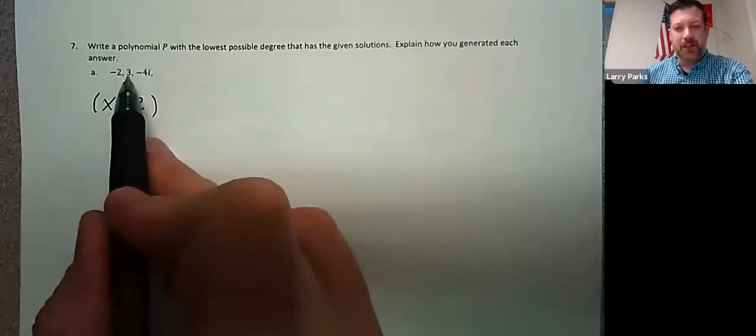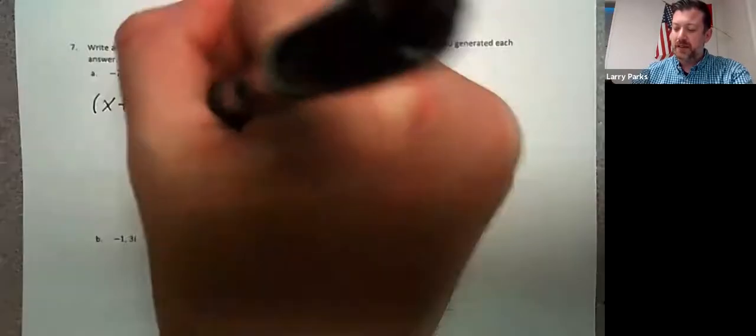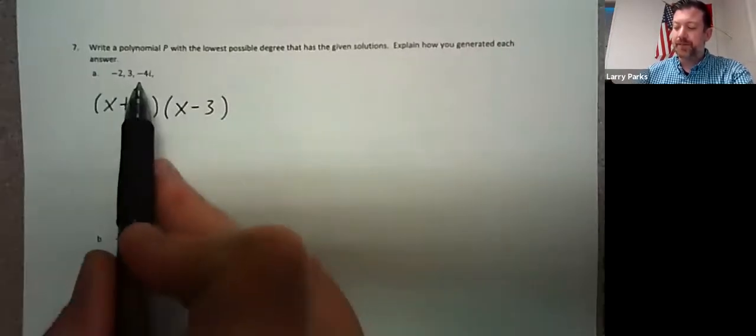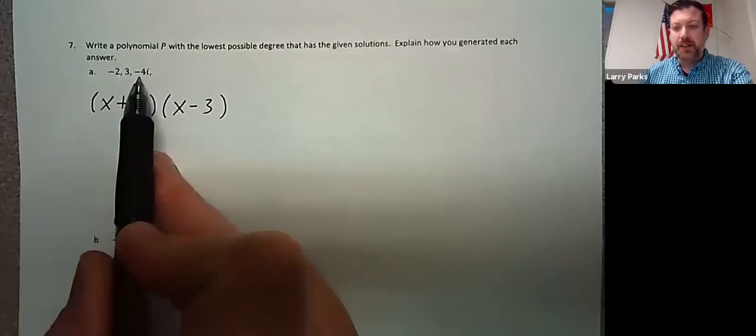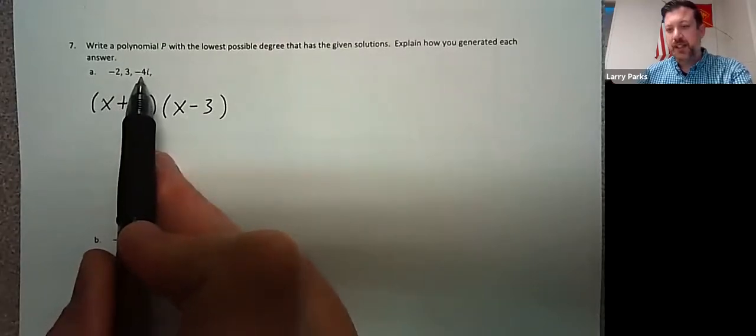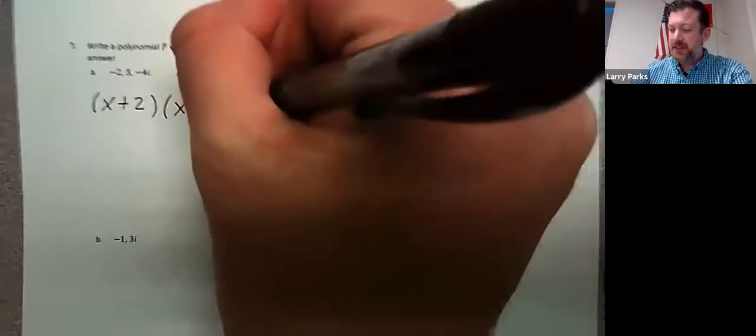And if the 0 is 3, the factor would be x minus 3. If the solution is negative 4i, the factor would be x plus 4i.